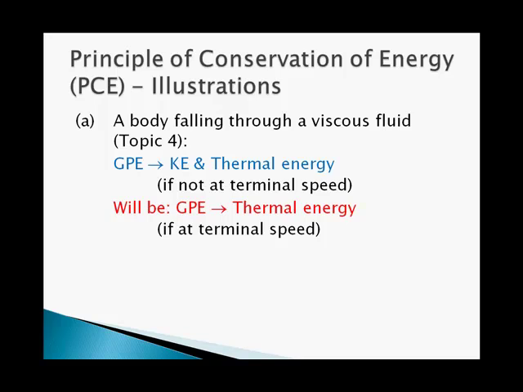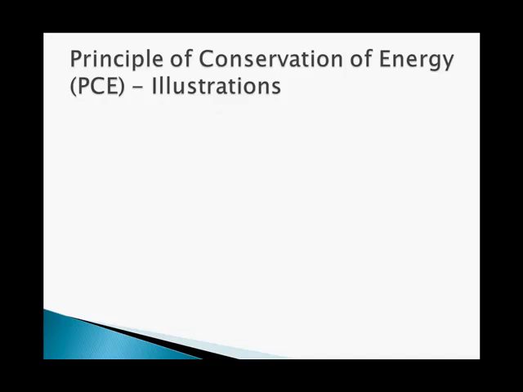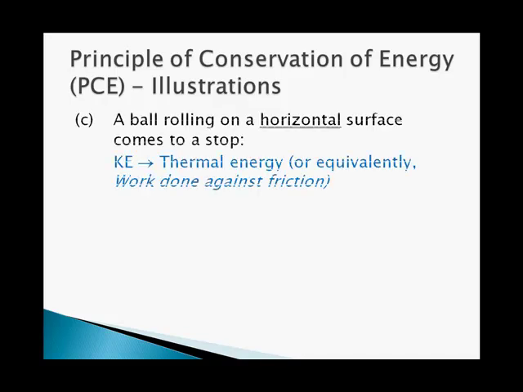Thank you. So for the next example B, we have a burning of fuel, such as oil, coal or wood, and all the chemical energy will finally be converted to light and thermal energy. So the next example C is a ball rolling on a horizontal surface comes to a stop. So in this case, all the kinetic energy will be converted to thermal energy finally.